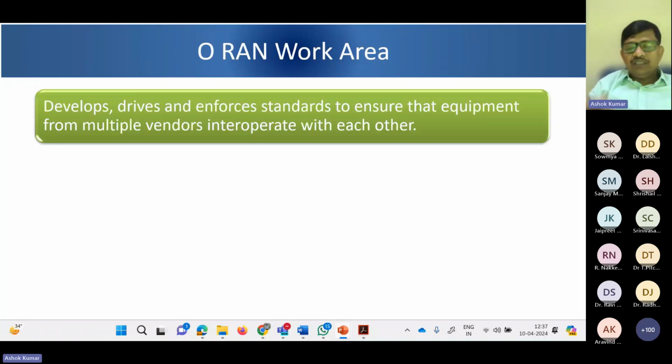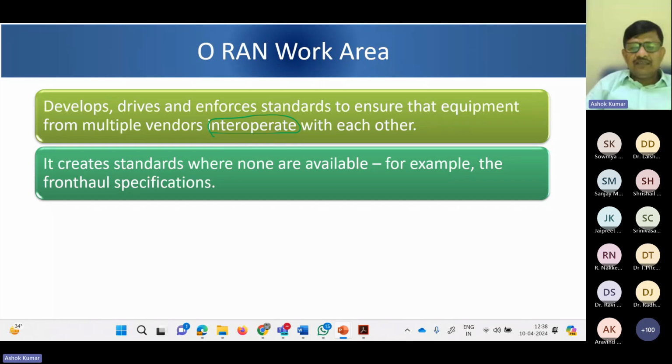So what ORAN is practically doing is that they try to make standards and enforce those standards so that multiple vendor equipment is interoperable. So interoperability, the standard or enforcement of it, is one of the jobs which the ORAN Alliance does.